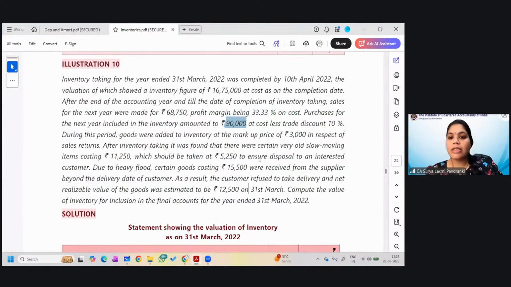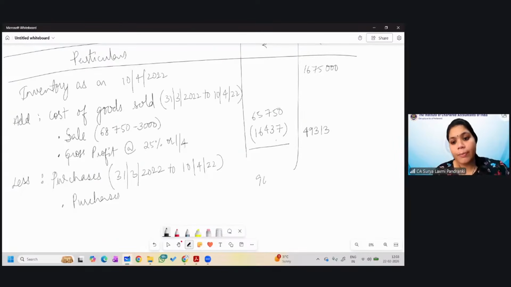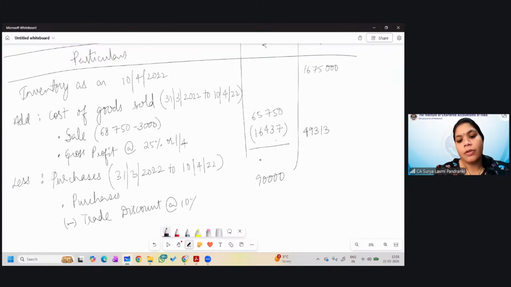Do we have any purchase returns given in the question? No, but we have trade discount given. So purchases is 90,000 minus trade discount at the rate 10%, which means 9,000. So this will be 81,000. Right? 81,000.